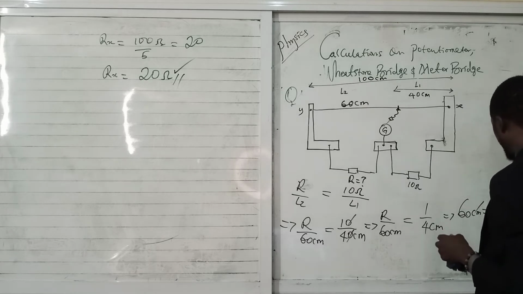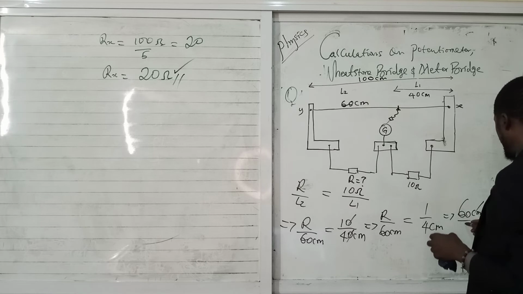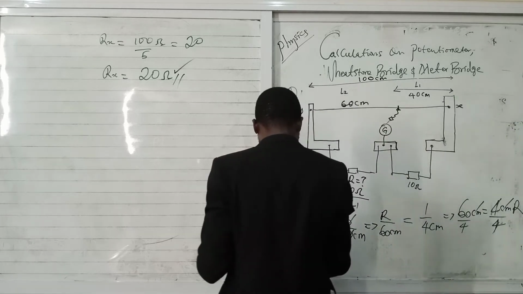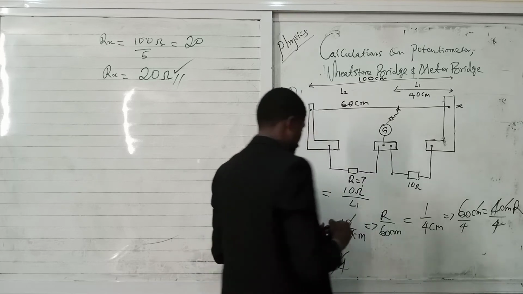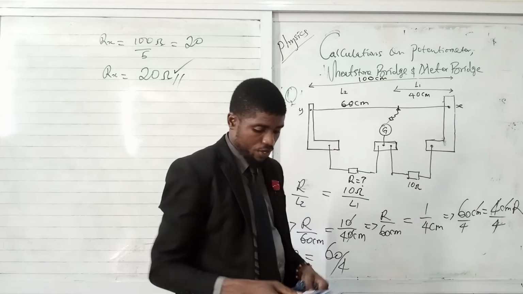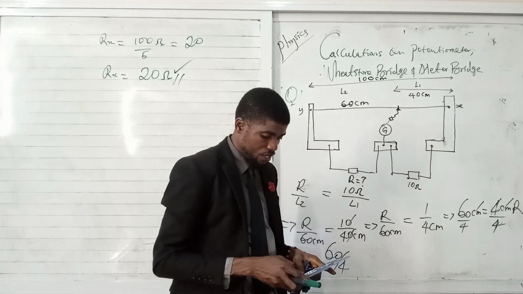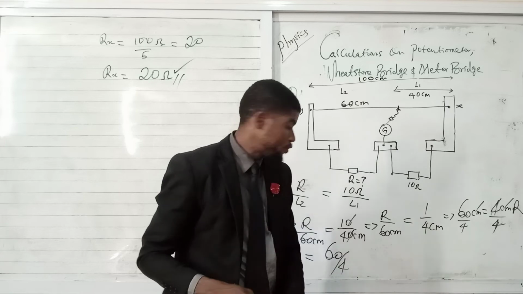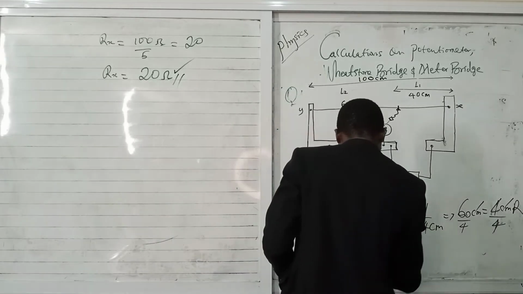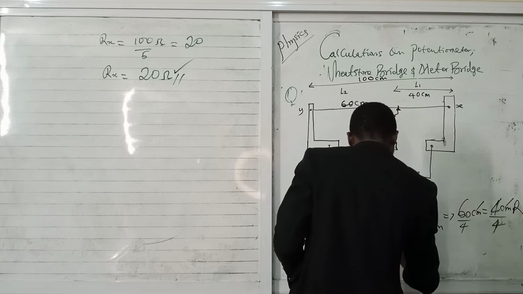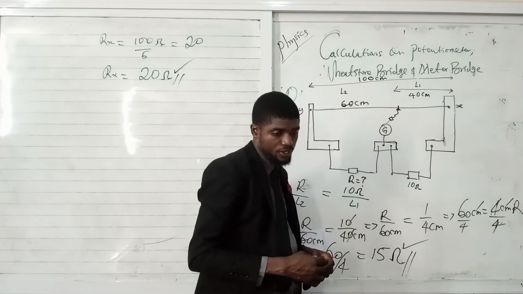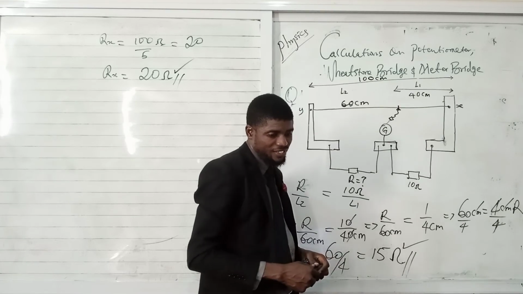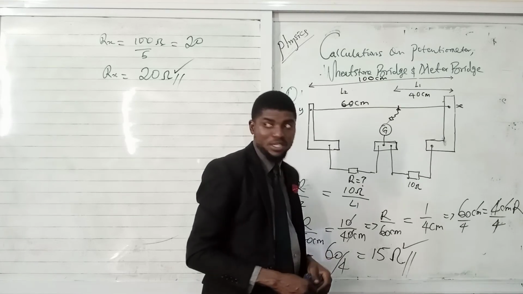You divide both sides by 4, and then your R is simply 60 by 4, which will give you 15. So the value for the unknown resistance is 15 ohm. And in the answer we also have 15 ohm, and the option is B.